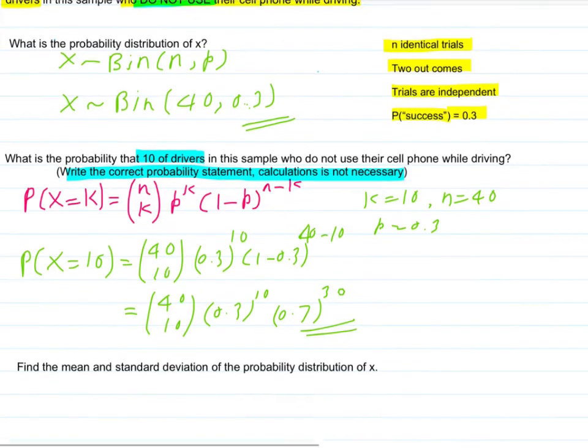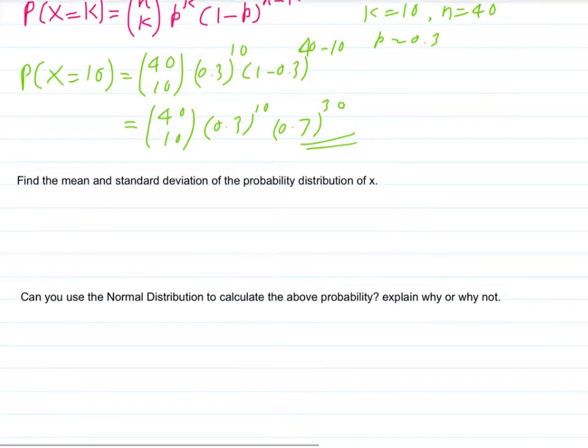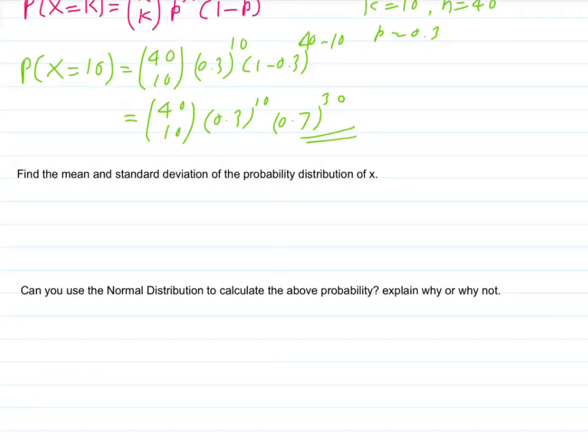Okay, next, find the mean and the standard deviation of the probability distribution of X. How do we find the mean? What is the mean of the binomial? Again, we know that X has a binomial distribution, therefore mu of X equals np. Similarly, we know sigma, the standard deviation. Let me plug in the numbers.